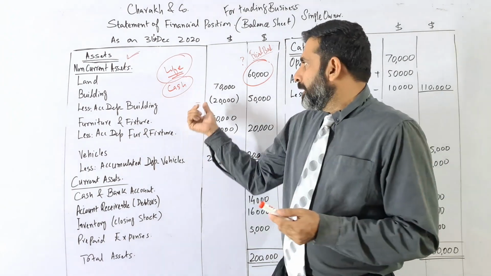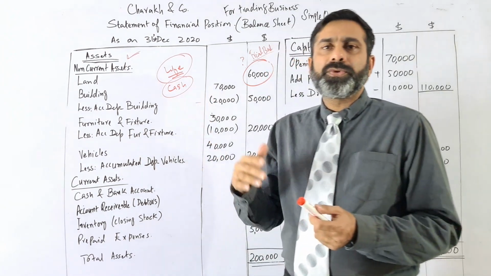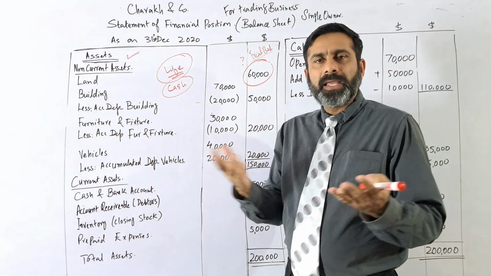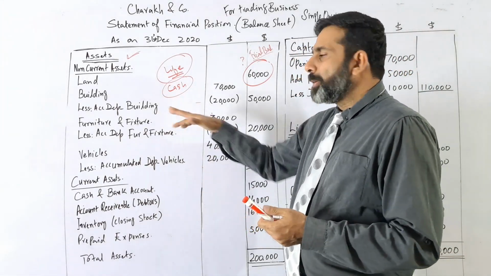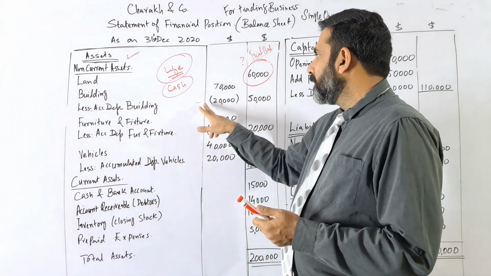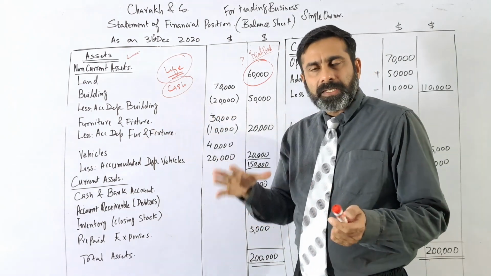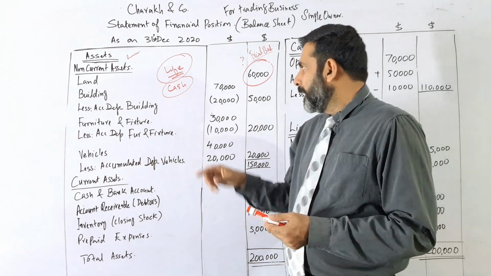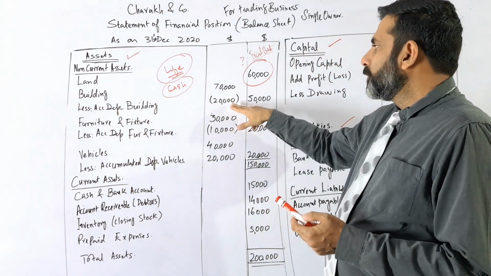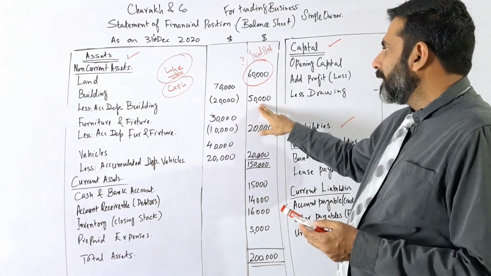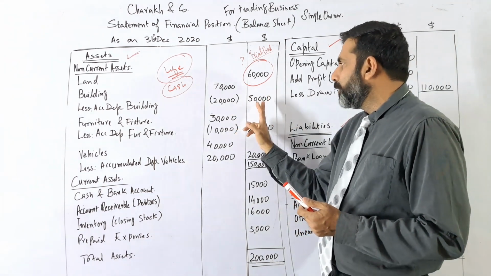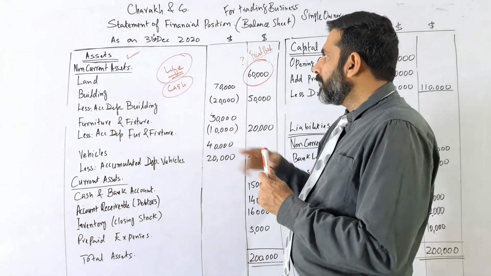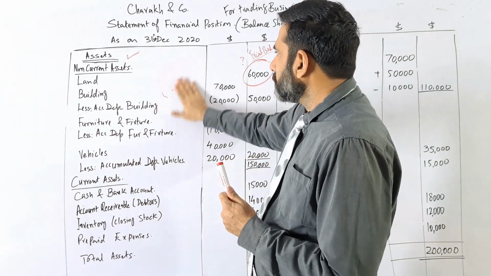Simply, this building has, let's say, 20 or 30 years of life, and it is used for 2, 5, 10, any number of years. So it is depreciated. By how much? By 20,000. The complete calculation method of depreciation you can see in the earlier videos. So the net value, or the net book value, of that asset is how much? That is 50,000.